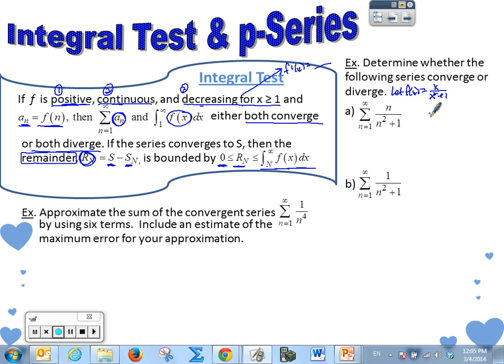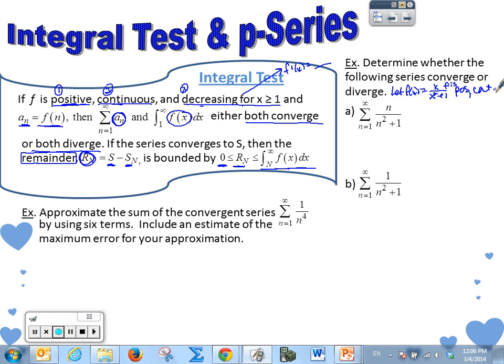Yes. So it's positive. We can check that off. We would say f is positive. All right, continuous. If I used numbers from 1 to infinity in here, would I get a continuous function? Yes, it's continuous.